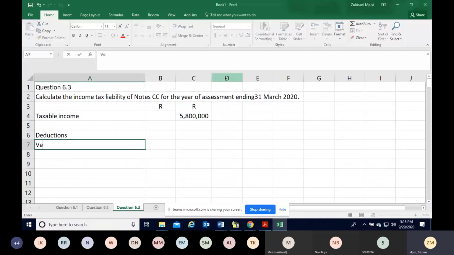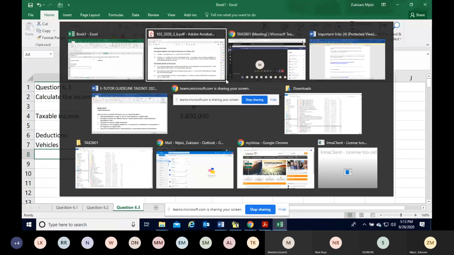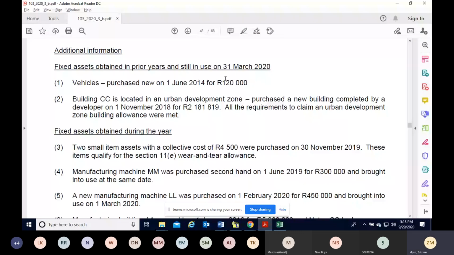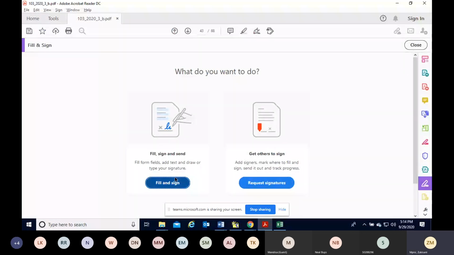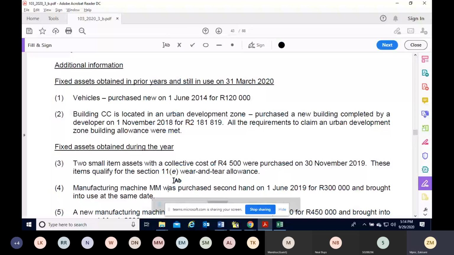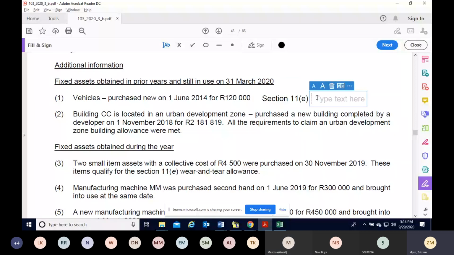So in terms of vehicles, we are going to apply a section. What section are we going to be applying? I'm just giving you this section, not for any other reason. Section 11E.